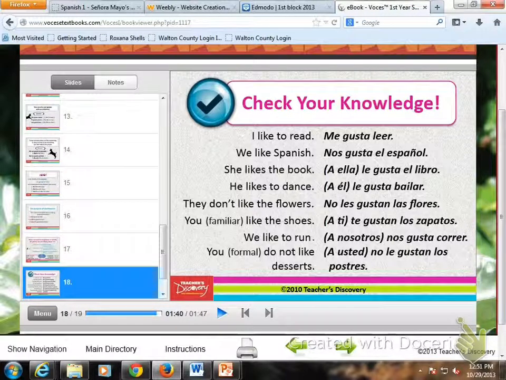It would be the usted. If it was ustedes for formal plural, then it would be les. But since we're only talking about one formal you, then it would be le. And then gustan is plural because it agrees with the plural desserts. Everybody see how there's two parts? The first part agrees with the subject, the second part agrees with what you like.